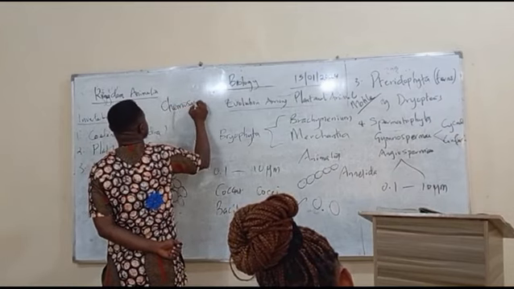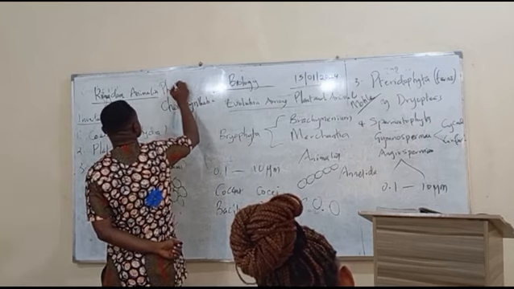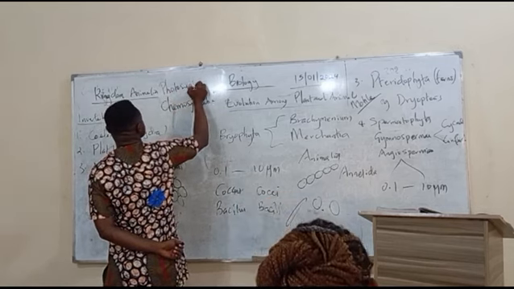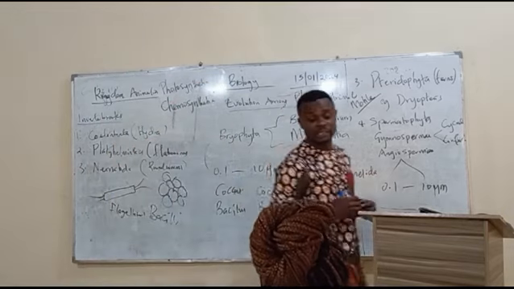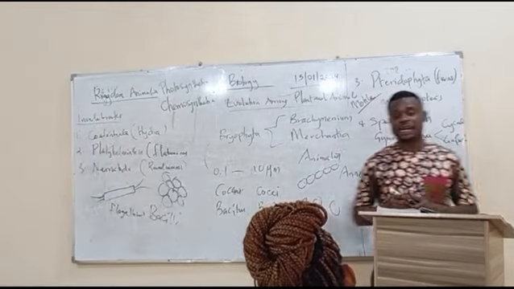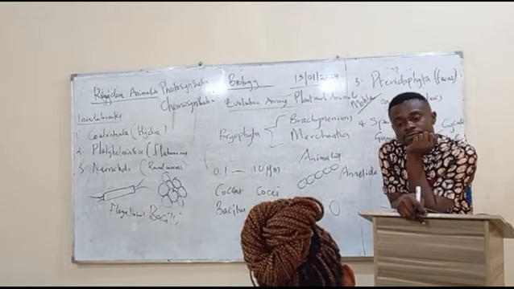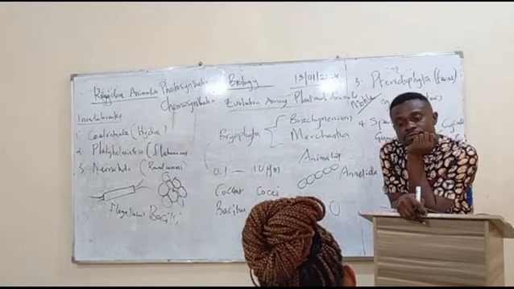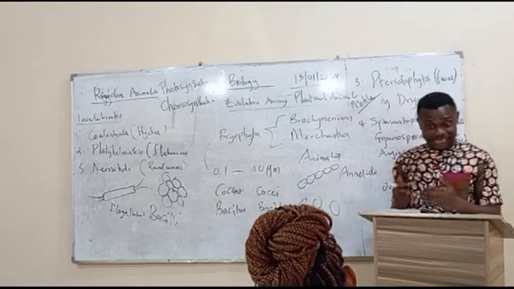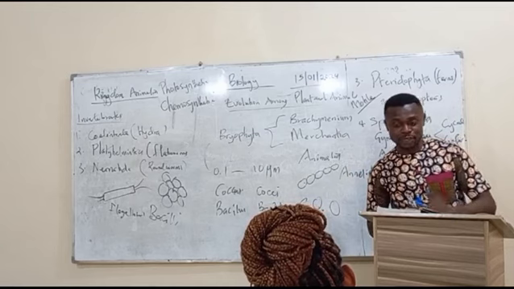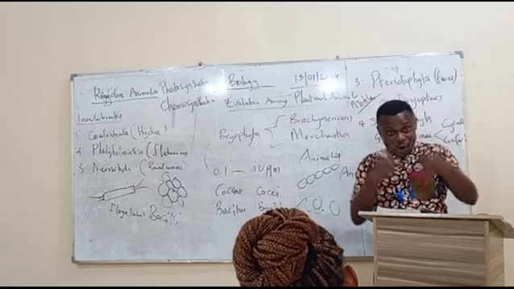We have chemosynthetic bacteria. Read chemosynthesis for us, loud. Chemosynthesis occurs in bacteria and other organisms and involves the use of energy released by inorganic compounds. Good. That's the next point I want to make. The first one, few of them undergo photosynthesis.